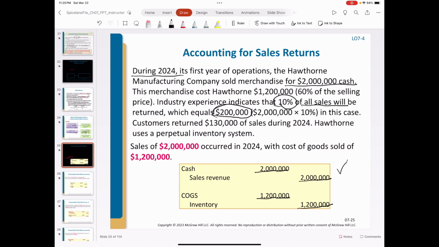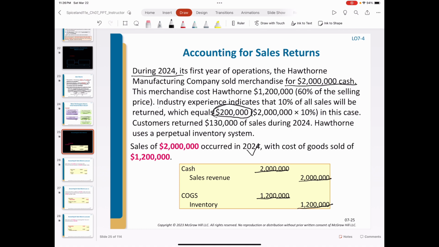Because the return may happen later, we know merchandisers usually allow the customer to return their goods for a certain period. Since return is very common, we should account for the sales return in the current year when the sales occurred. Based on the industry experience, 10% of sales will be returned by the customers.